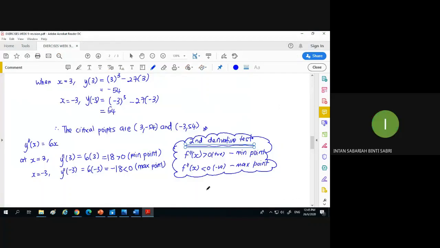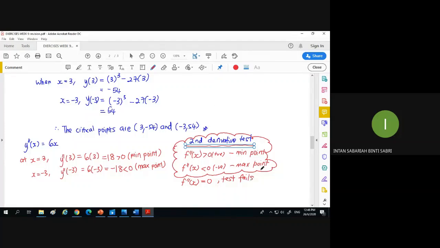Okay, ada satu lagi saya tertinggal pasal second derivative test ni. Untuk second derivative test, kalau you dapat f double prime x equal to 0 kan? So this one maksudnya test fails. So apa nak buat? You have to use first derivative test.